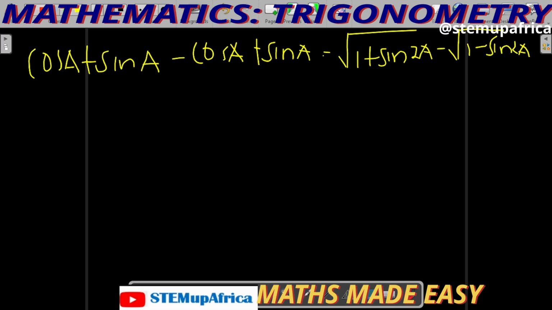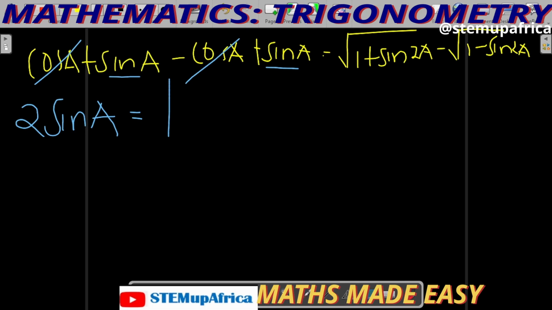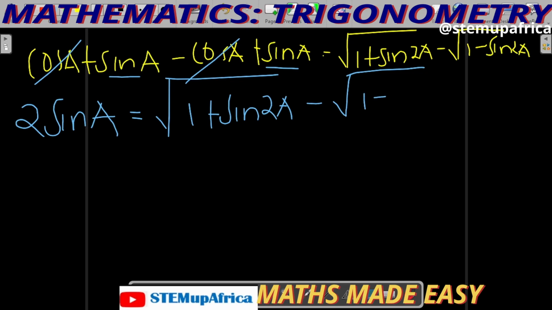So you agree with me? Minus cos A plus cos A will give us 0. If I add this, that will give us 2 sine A equals the square root of 1 plus sine 2A minus square root of 1 minus sine 2A. So let's make sine A the subject.